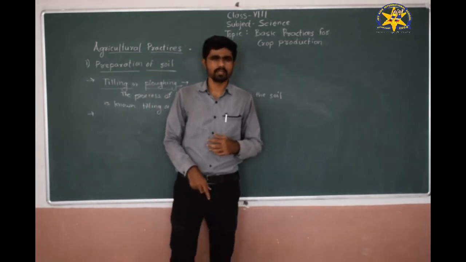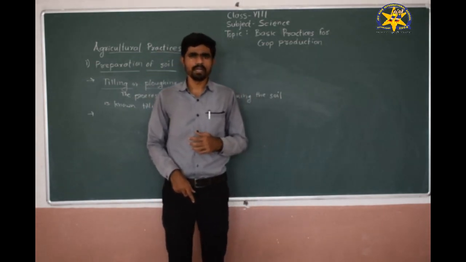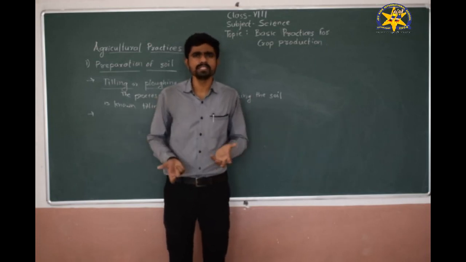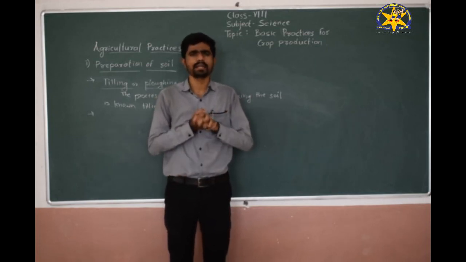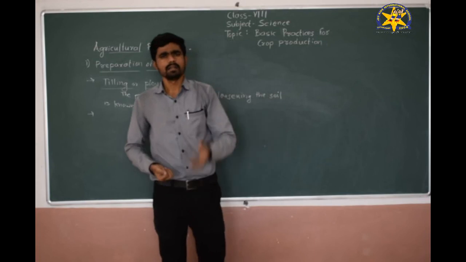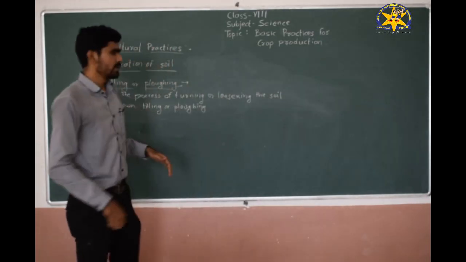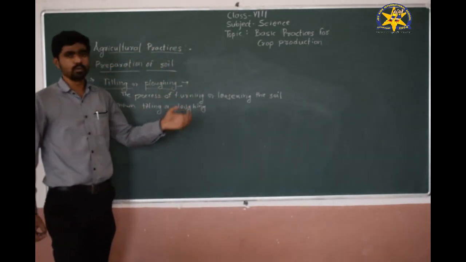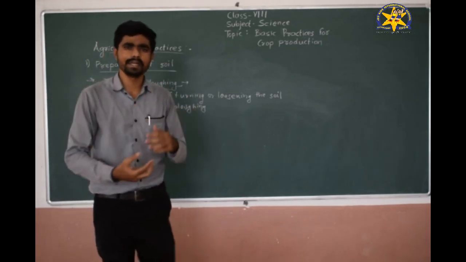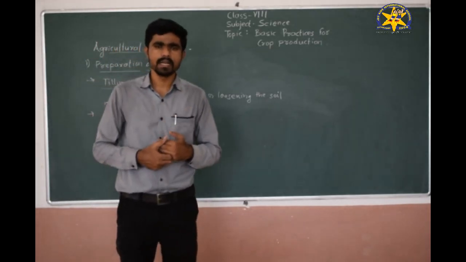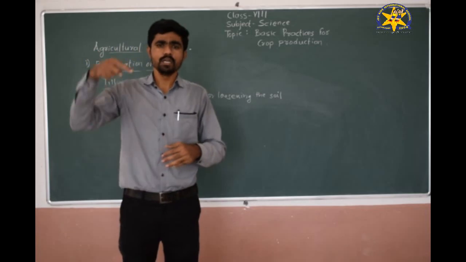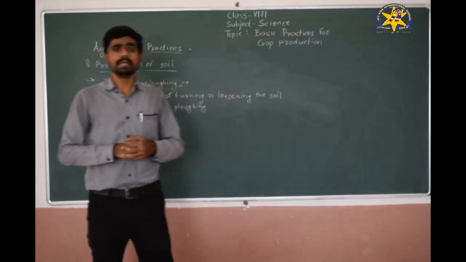No, it will be hard for the roots of the plant to penetrate because there is no gap in cement. Cement molecules are so tightly packed, roots cannot penetrate. Now, due to turning and loosening, air spaces are being created, and due to those air spaces, roots can now easily penetrate inside.